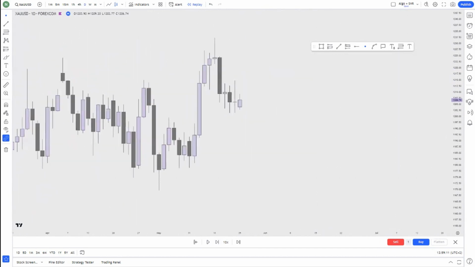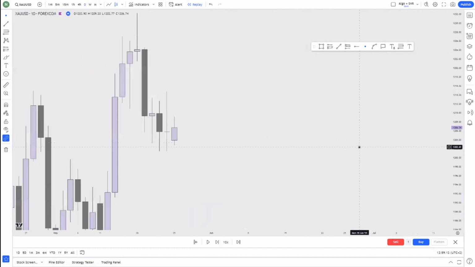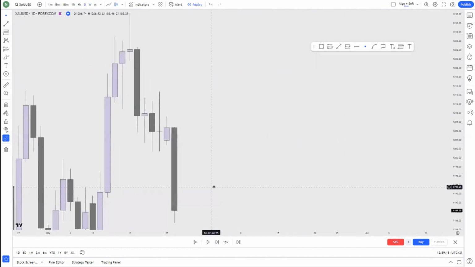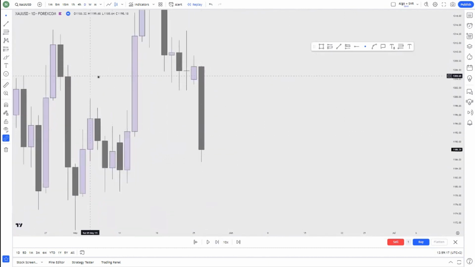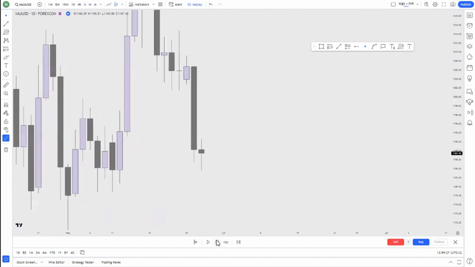So looking at this, let's just start right here. This is the first candlestick. So we have a bearish candlestick. We're either going to see a bullish candlestick after or a bearish candlestick after. So what do we see right now? We see that we have a bearish candlestick after. So this becomes a resistance right here.